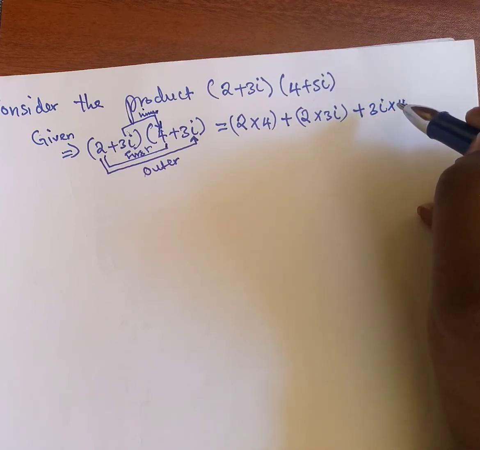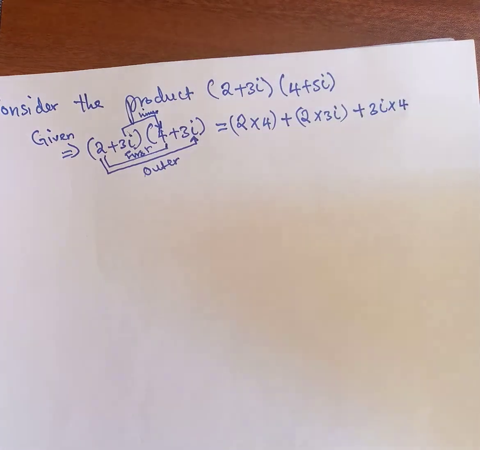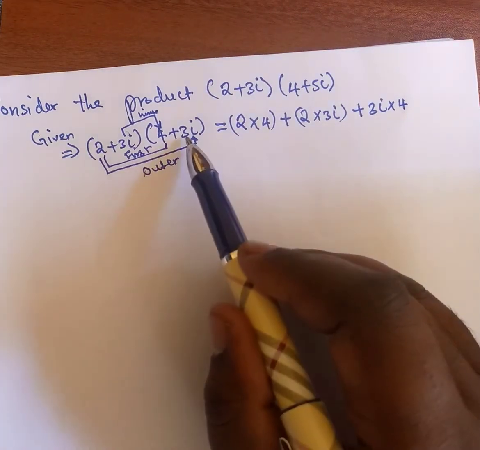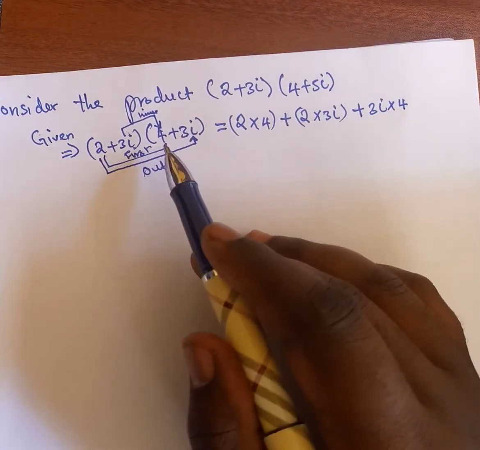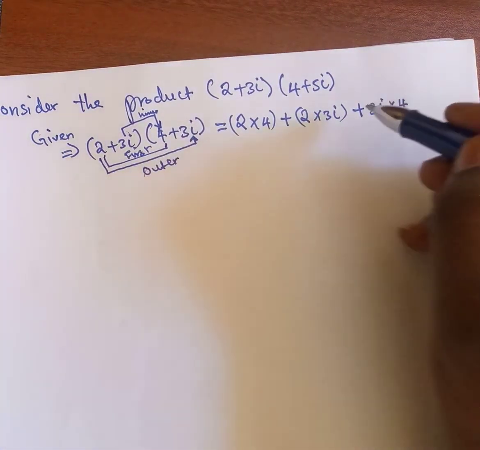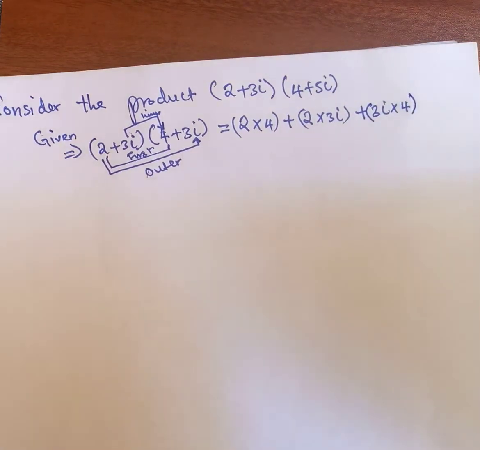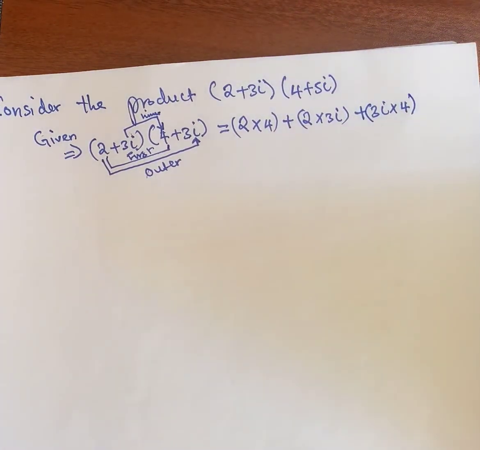Was it 3i or 2i in my original? 3i and 5i. Okay, let's work with what we have. It should have been 5, but it's okay. Let's have 3i and 3i, no problem.